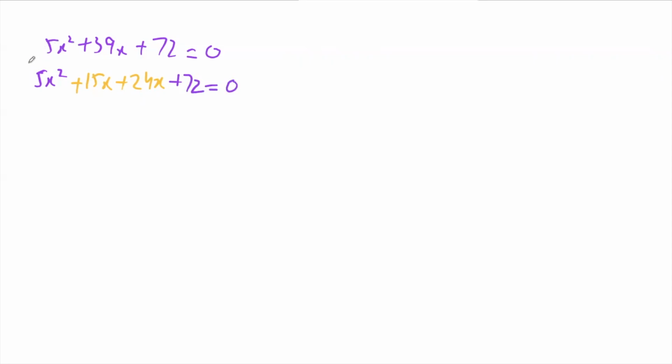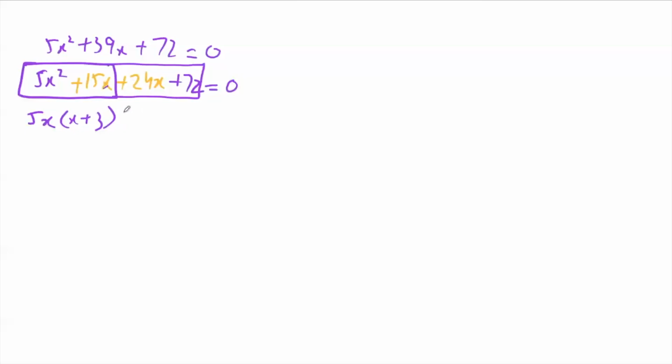So we're going to box the first pair and box the second pair. The reason to do that is because we're going to factorize the first pair and the second pair separately. So factorizing 5x squared plus 15x leaves us with 5x outside and x plus 3 inside. And then the other pair would be 24 bracket x plus 3.